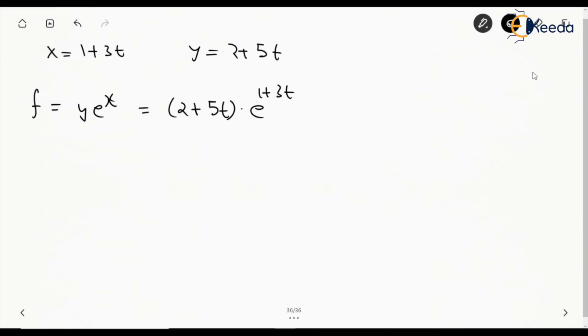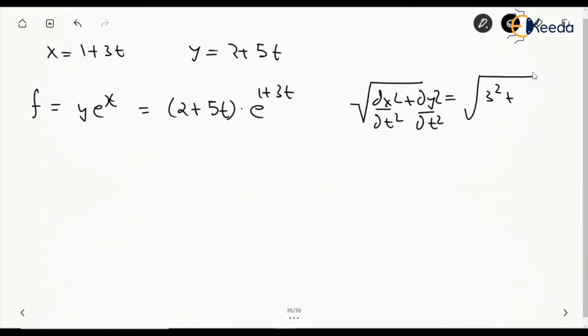We also know the relation between dx and dy. So under root of dx square by dt square plus dy square by dt square will become under root of 3 square, since dx by dt was 3, plus 5 square, since dy by dt was 5, so this becomes 25 and 9, which is under root of 34.